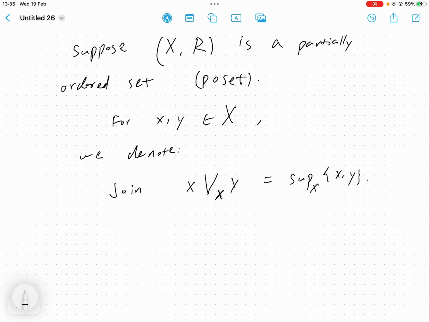And we say that the meet of those two elements, using this notation, is the infimum of x and y.